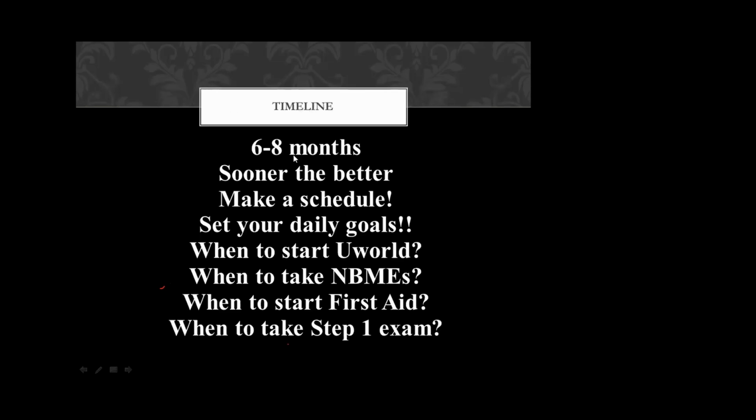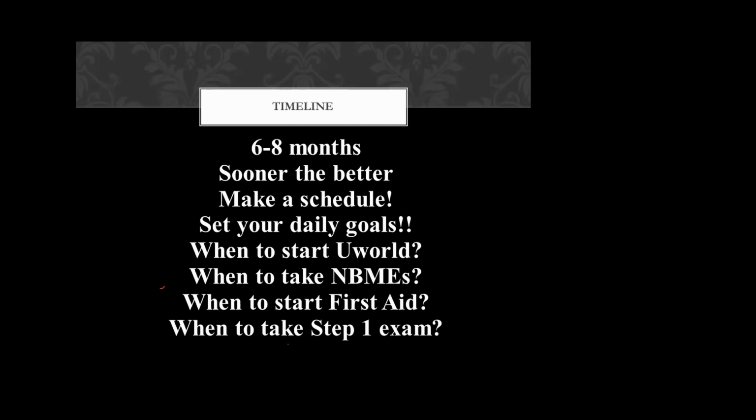Timeline. Now, that's a really tricky question. Like, what is the best time period, and when should I take it? It's really different. In the US, medical students are supposed to take the exam by the end of their second year. They are given 3 months of dedicated study to take this exam.